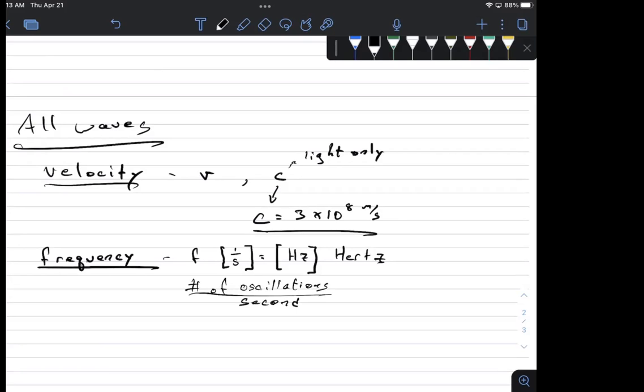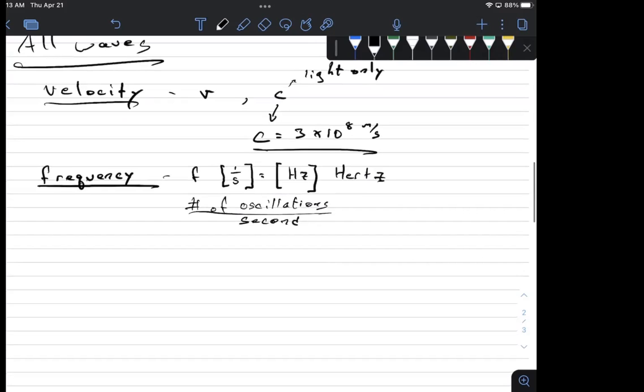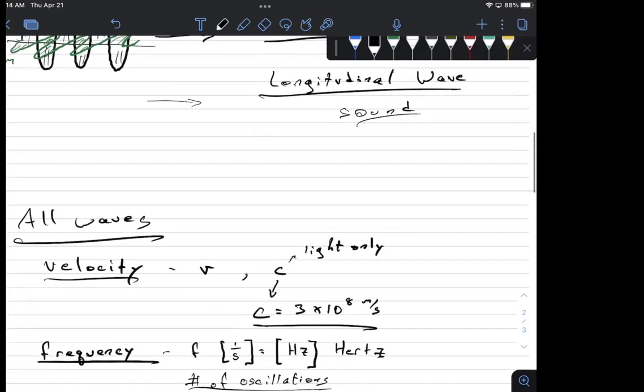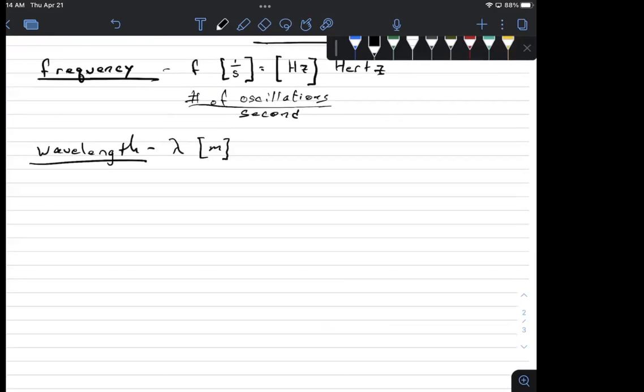So that's the frequency. The last characteristic is what's called the wavelength. Wavelength's variable is the Greek letter lambda. That's lambda. And of course, the units of wavelength, it's a length, it's how long is this wave, and so it's in meters. How do we define it? Well, we think about the wave. We say, okay, look, this wave is propagating left to right.